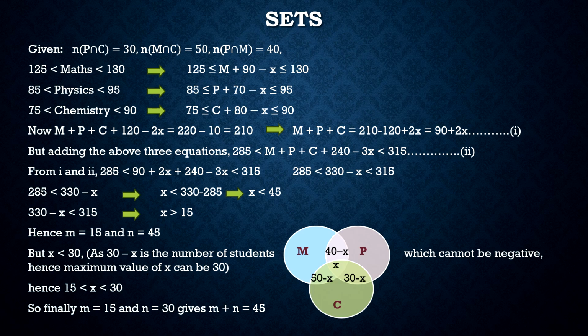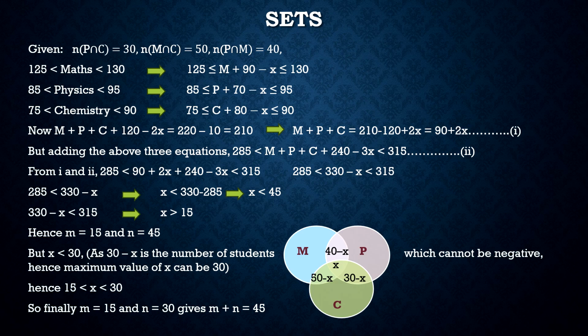After getting these 3 equations, next thing which is given to us is M plus P plus C plus what are the total number of students from the Venn diagram? It is who study maths only, that is M, who study physics only, that is P, and chemistry only, that is C, plus all the other intersection elements, which amounts to 40 minus x plus 50 minus x plus 30 minus x.